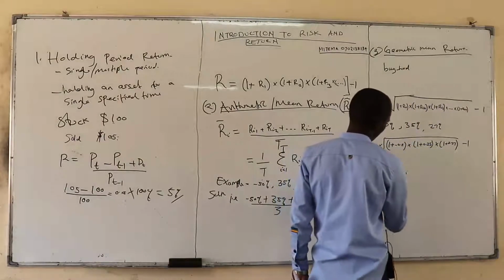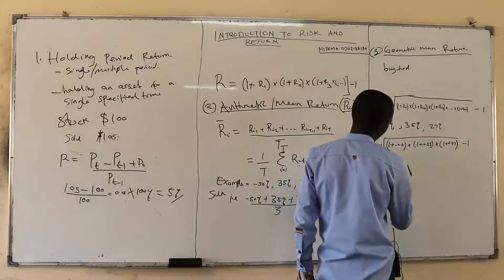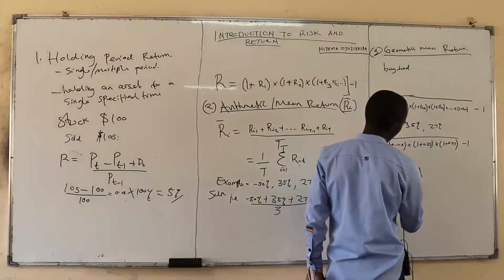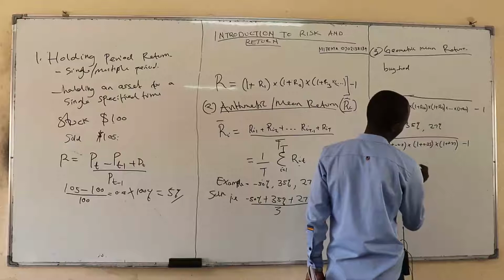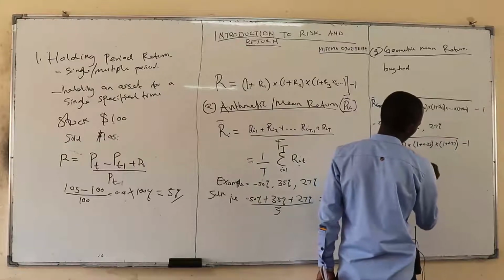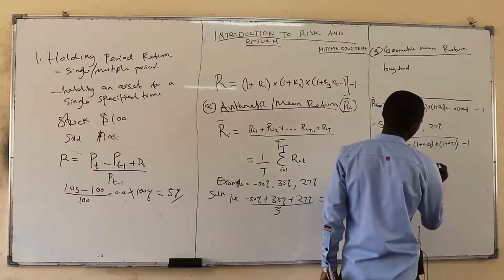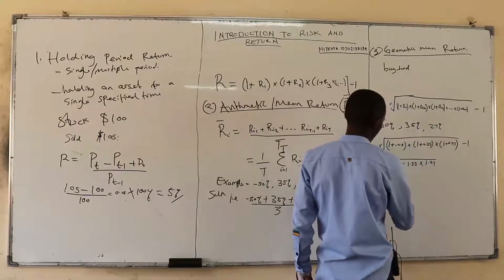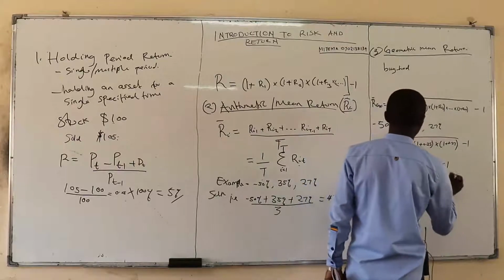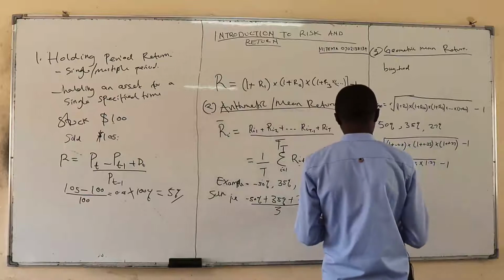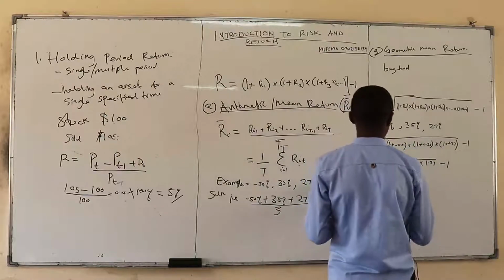So this is 0.5. You multiply by 1.35. You multiply by 1.27, minus 1. You work out the components inside the root.